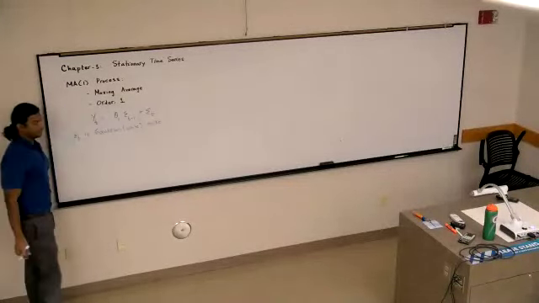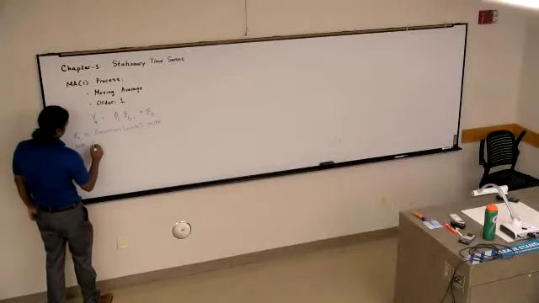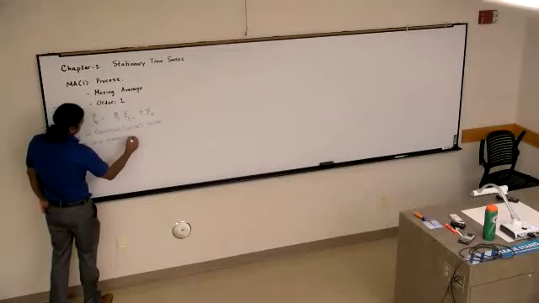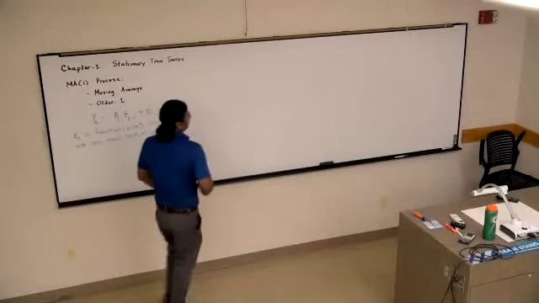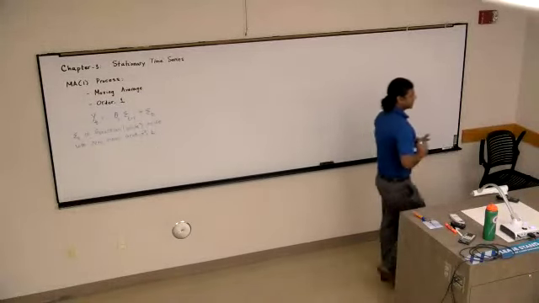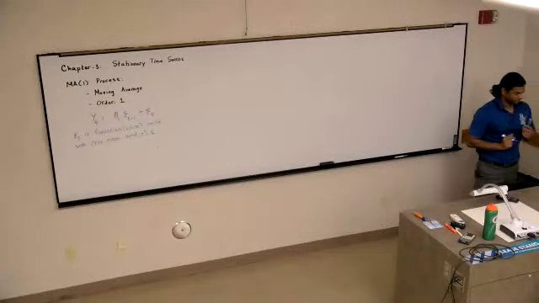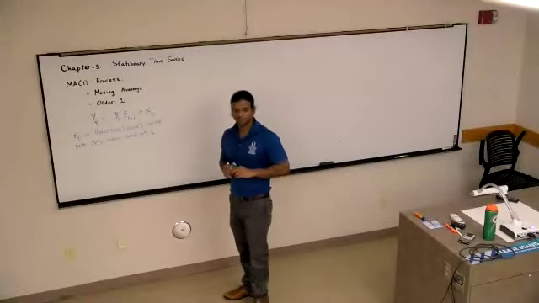As always, epsilon t is Gaussian white noise, where the mean equals 0 and sigma squared equals 1. Good.